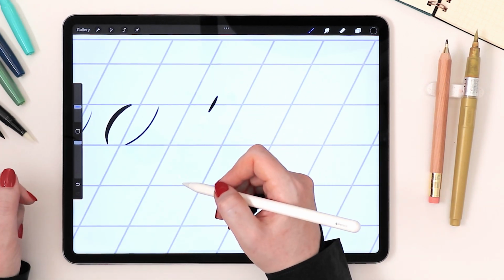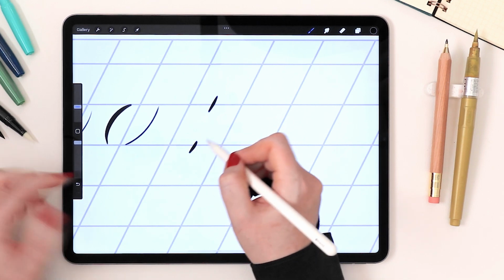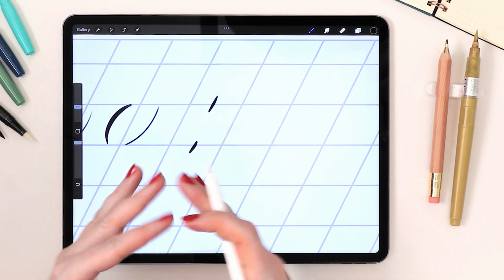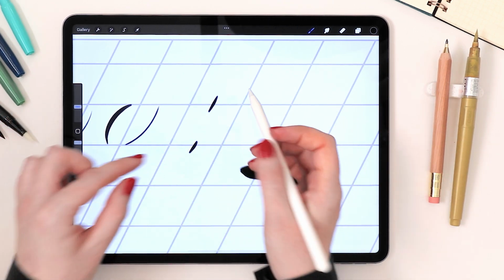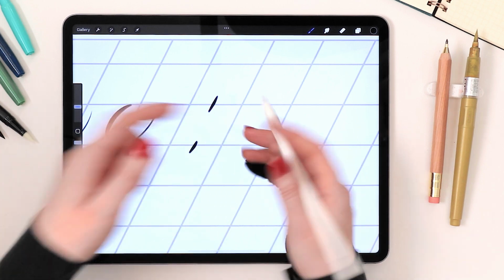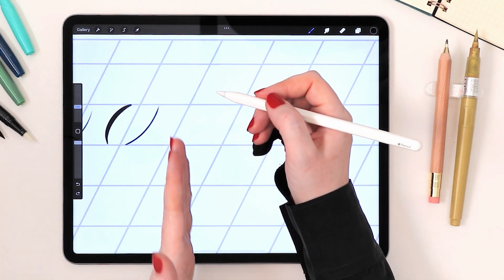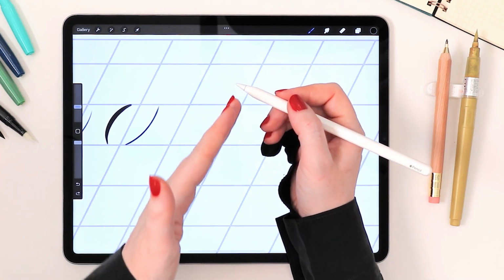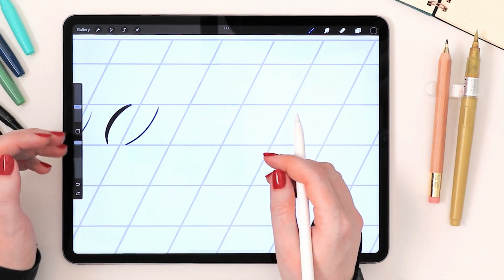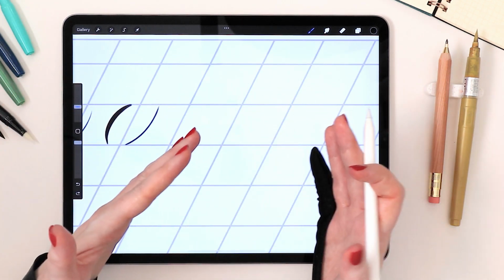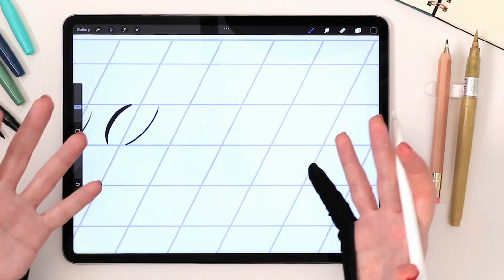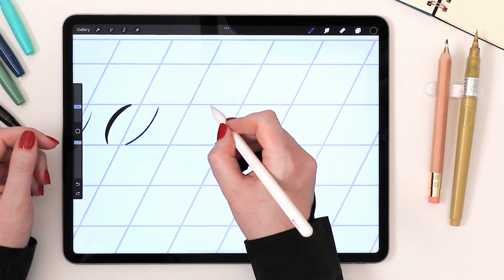Think of it like starting at 12 o'clock. When you get to 6 o'clock, or the baseline, that's where your pressure is going to completely dissipate and you'll move from that downstroke into the upstroke. I want you to ideally not make these vertical, but try to make them slightly italic. I don't care what angle, but slight italicization is what you'll be using 99% of the time in lettering, so it's best to practice that from the start.